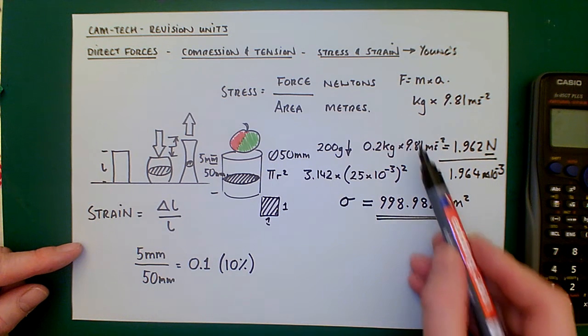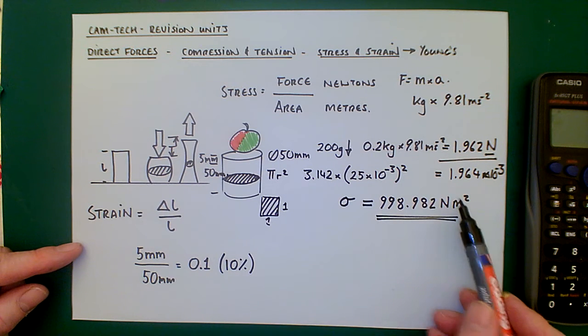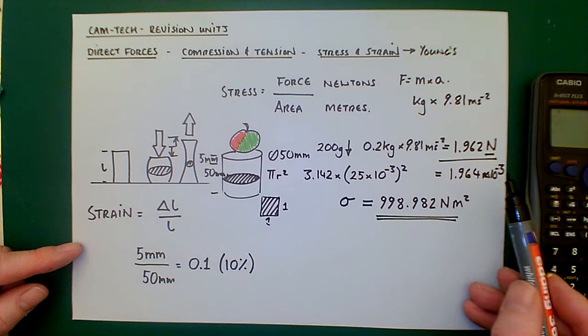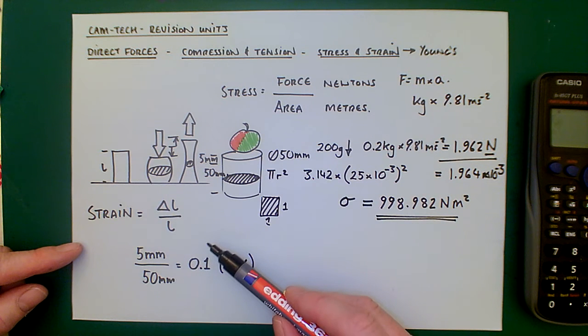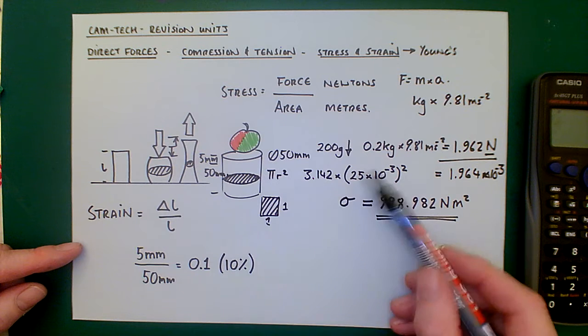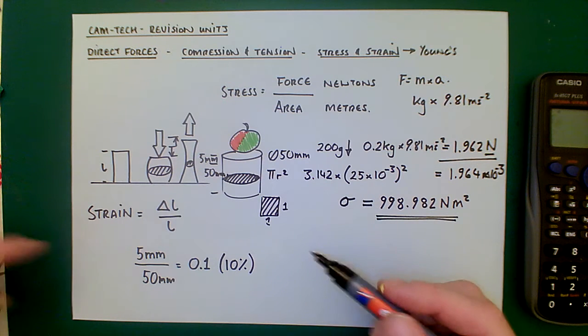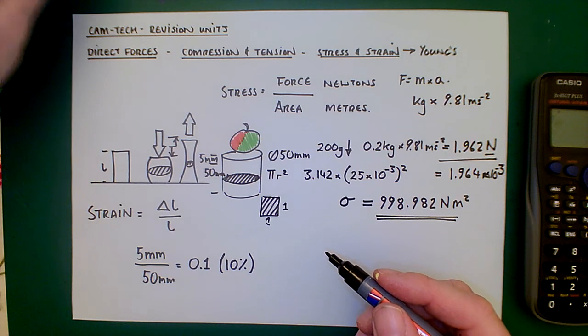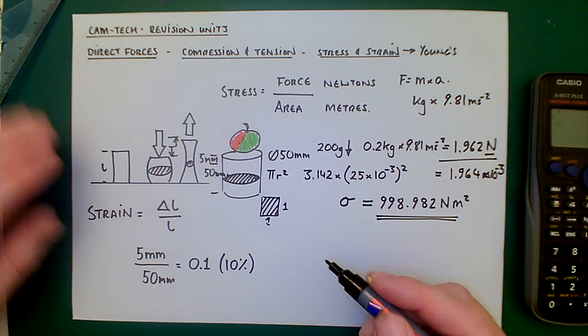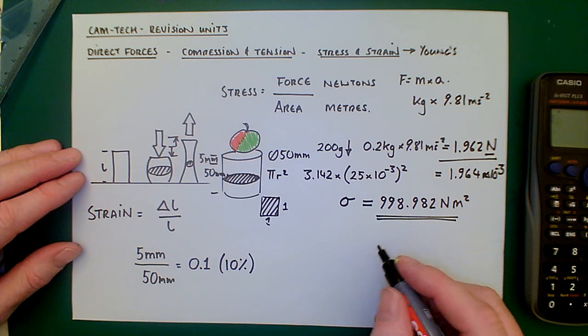Having a stress over a metre squared area means that you can compare different material stresses. Having a calculation for strain means that you can compare the material strain. And it was Young's that figured out that if you combine these, stress and strain, you could have a comparison for a wide range of materials.